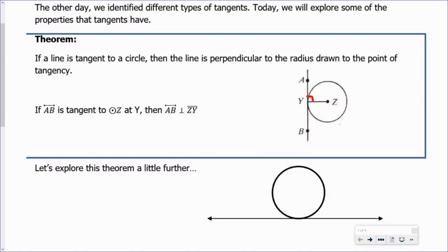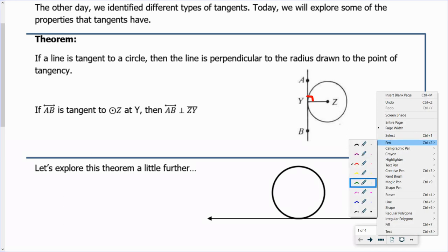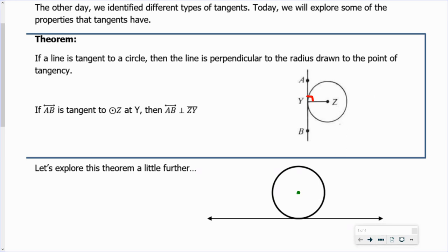point of tangency. Now, if we think about something that we learned a while back, the distance between a point and a line is the length of the perpendicular segment that connects the two. So if we look down here at this diagram, if I draw the center of the circle in, and I draw a segment from the point to that line, that perpendicular segment is the distance between that point and that line.